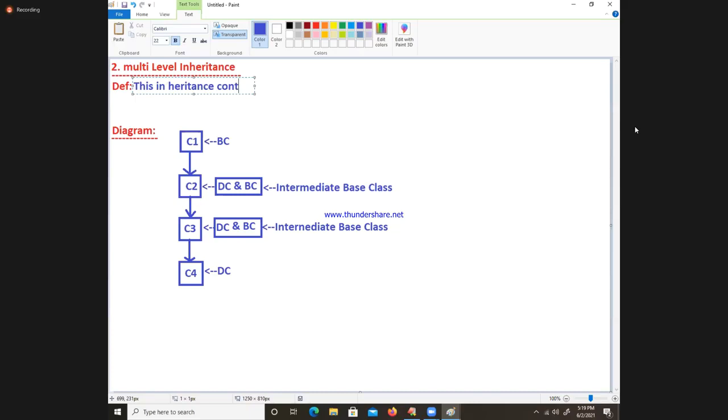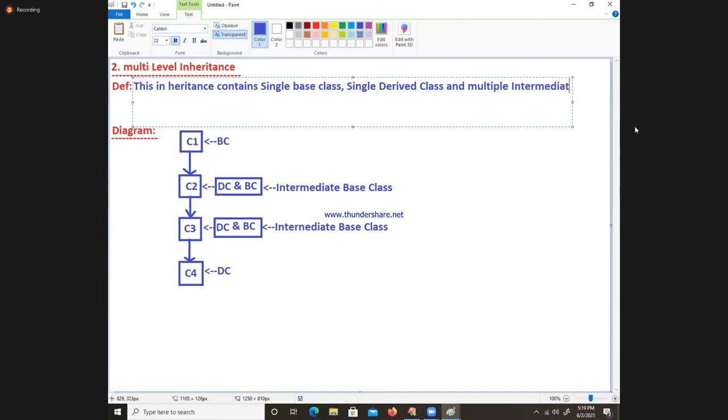This inheritance contains a single base class, a single derived class, and multiple intermediate derived classes. That type of inheritance is known as what? Multi-level inheritance we can call.